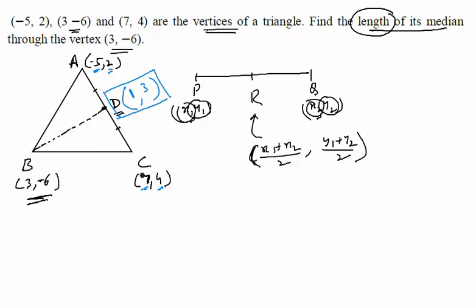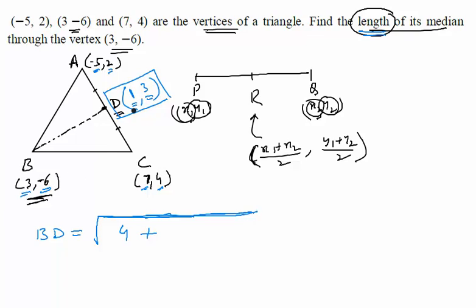Now we can use the distance formula to find the length of the median BD. So BD will become what? Distance formula is known to us. It is under root of x1 minus x2 whole square plus y1 minus y2 whole square. So x1 minus x2, let us consider this as x1, this as x2. So it will become 3 minus 1 whole square, which is 2 square, which is 4, plus y1 minus y2.